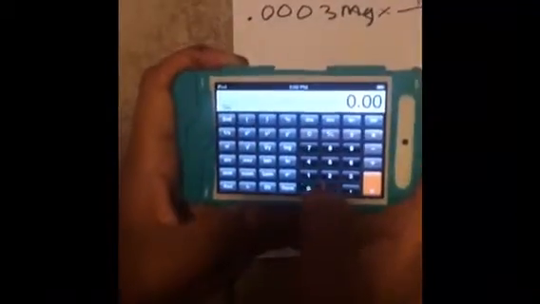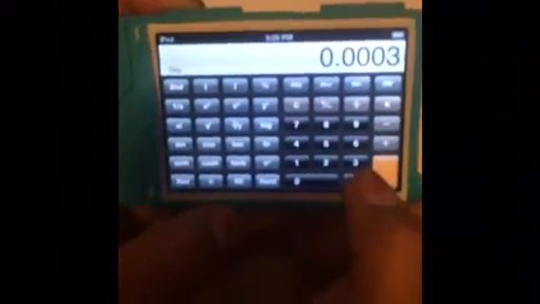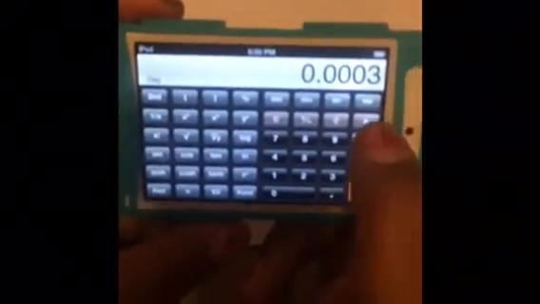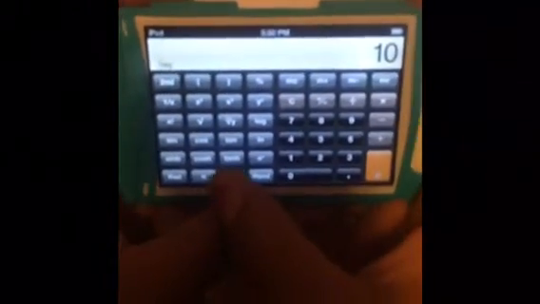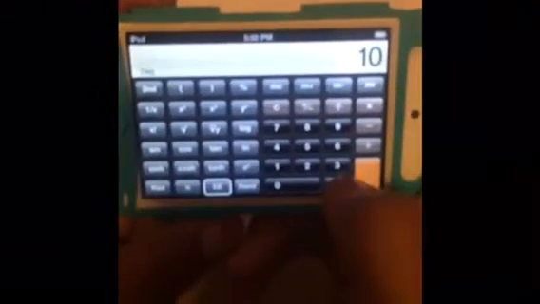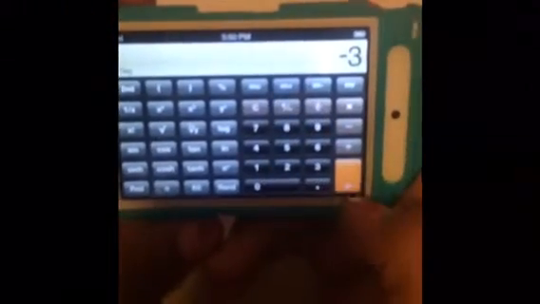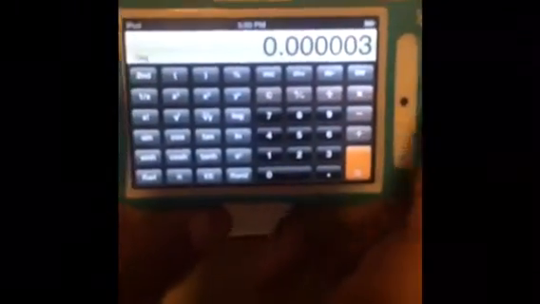So you're probably having a hard time trying to solve it on the calculator. You enter 0.0003 times 10 exponent -3 equals that. Since this one is on top, you multiply these two.